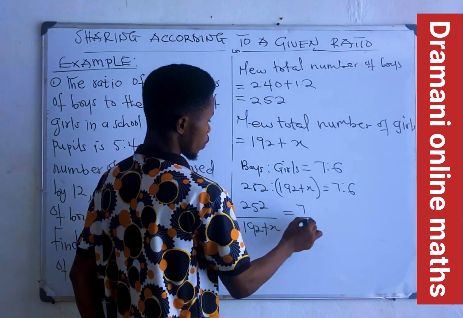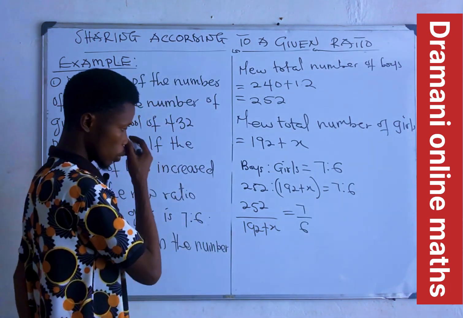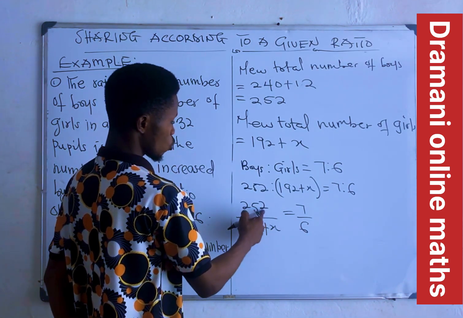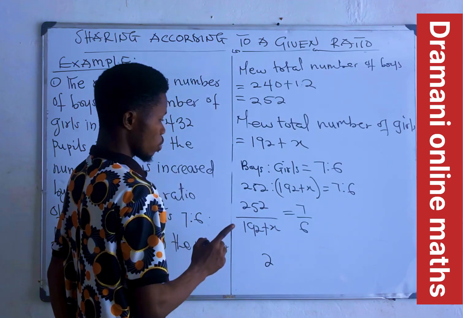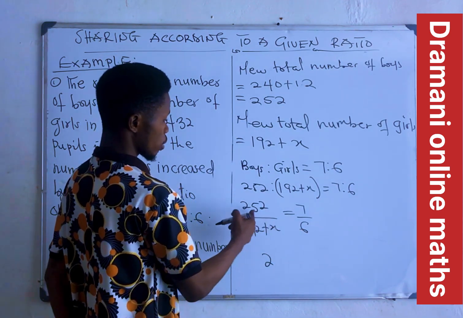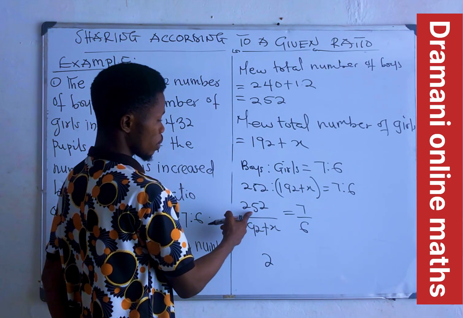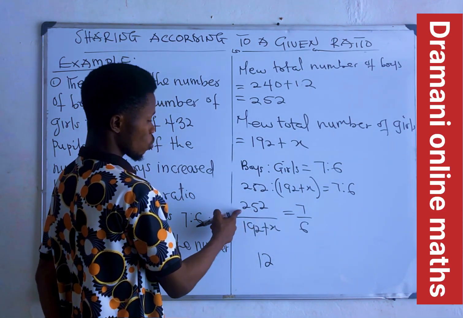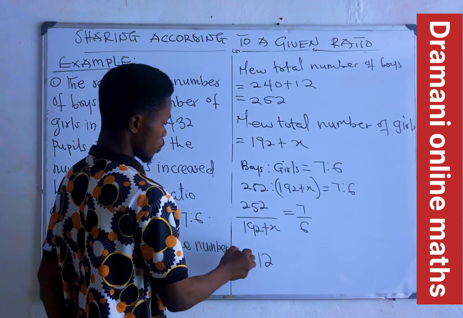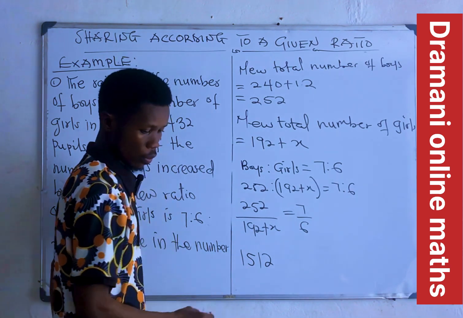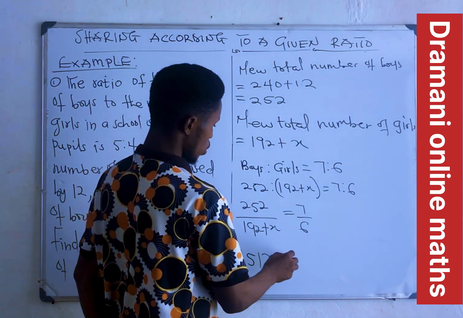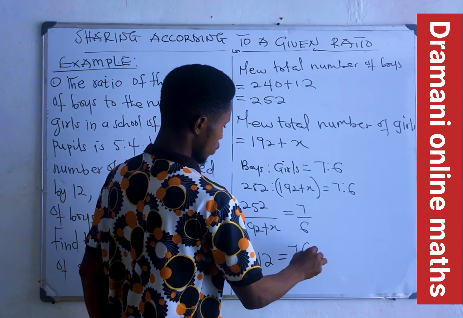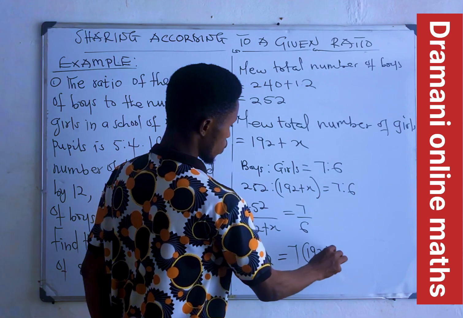And this will be 7 over 6. So we are going to have 6 multiplied by this. 6 times 2 is 12, so 2 remainder 1. 6 times 5 is 30, plus 1 is 31, so 1 remainder 3. 6 times 2 is 12, plus 3 is 15. So 1512 is equal to 7 multiplying 192 plus X.